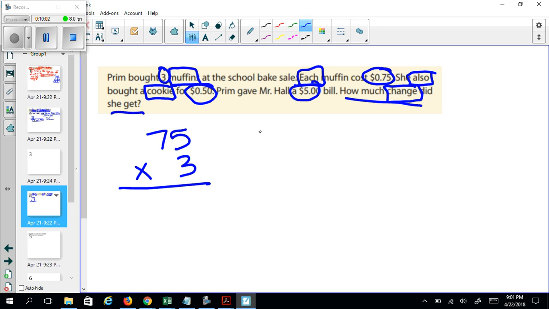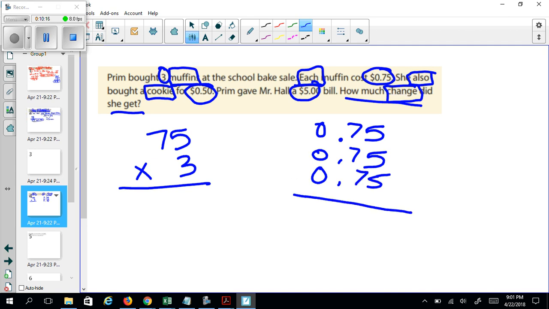So what you can do instead is do 75 cents and add it 3 times. So 5, 10, 15, 5, carry my 1, 7, 3 times is 21, plus 1 is 22.